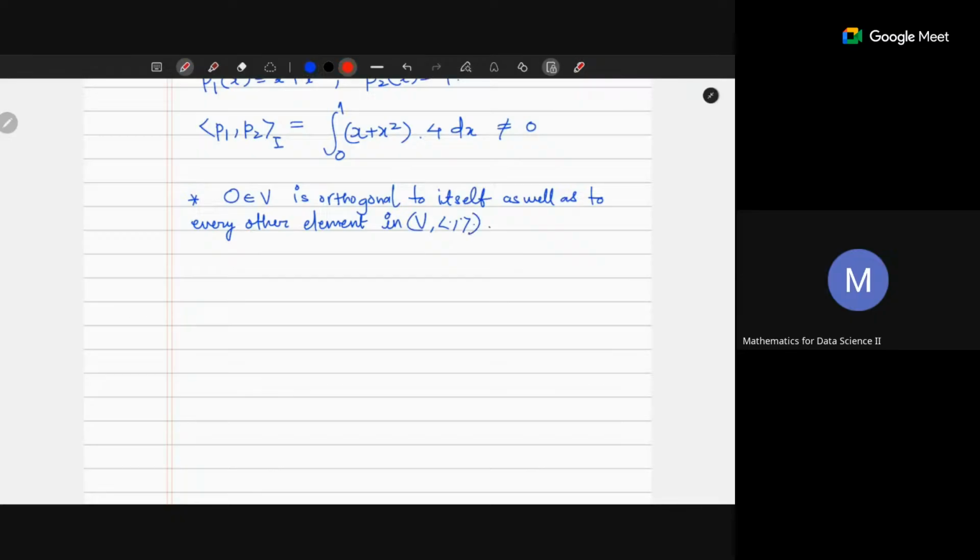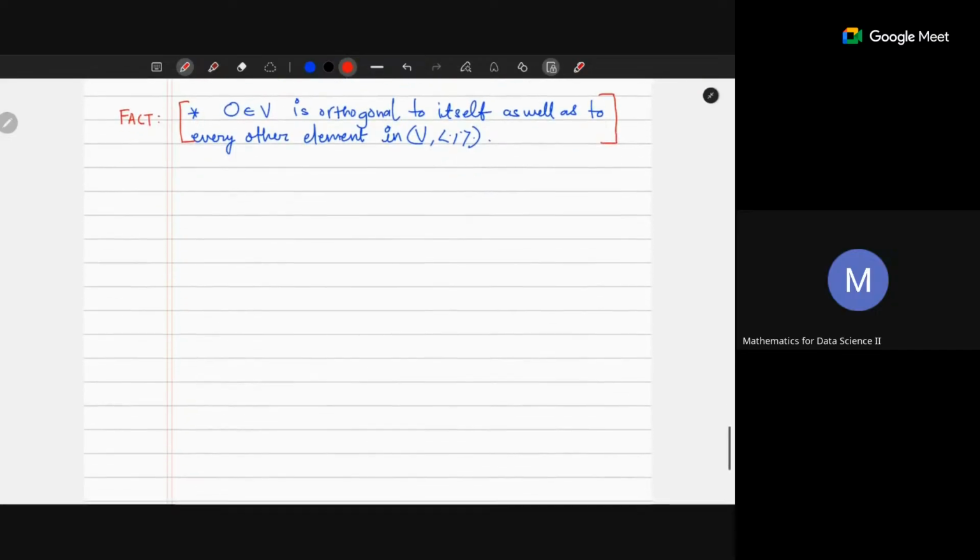You can take this as a fact, or if you want to prove it, we already know that the inner product of 0 with itself is 0, by the inner product condition. So that is already known.